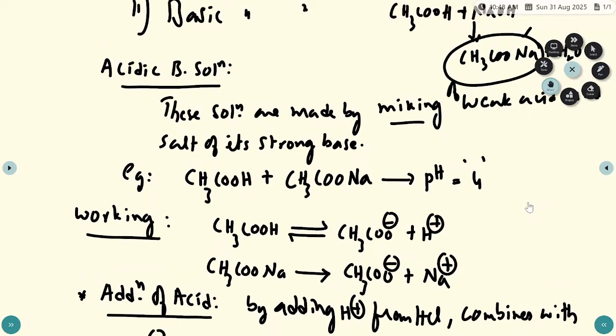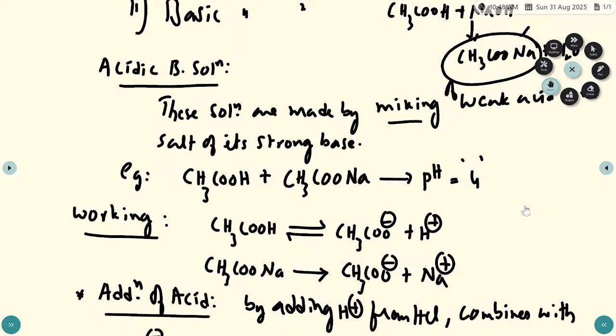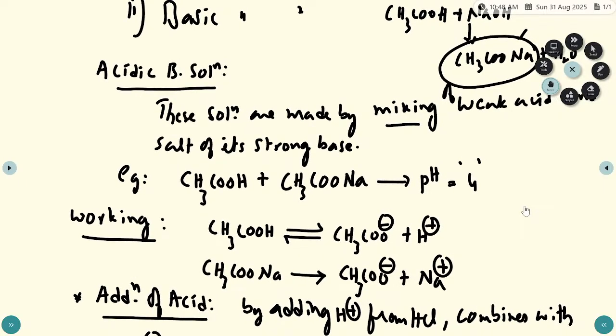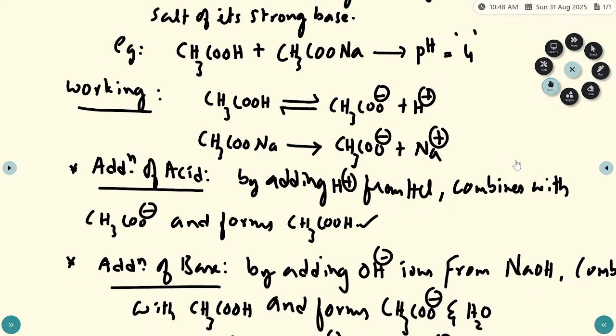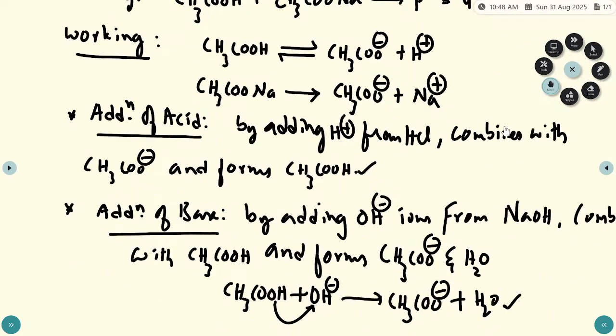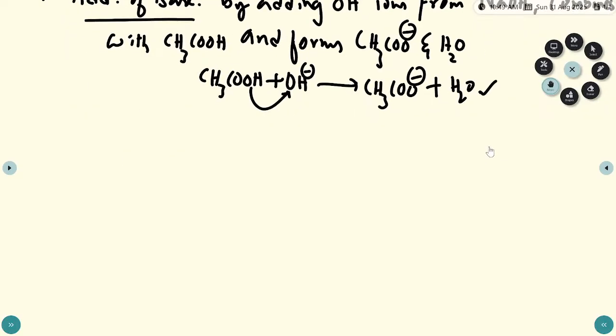By mixing of what? Weak acid and salt of its strong base. Similarly, tell me about basic buffer solution. These solutions are made by, how do we prepare? Mixing of weak base and salt of its strong acid.